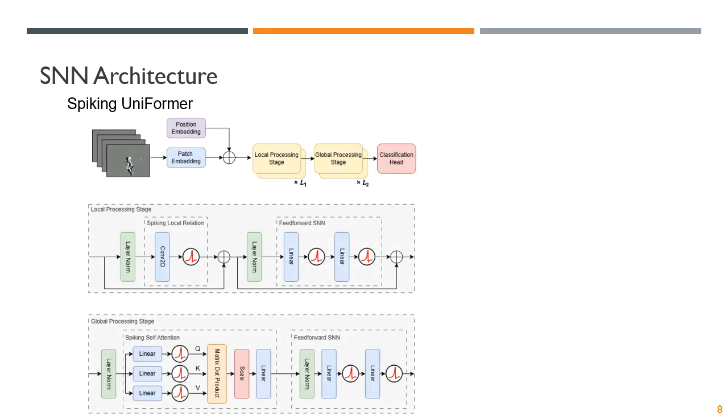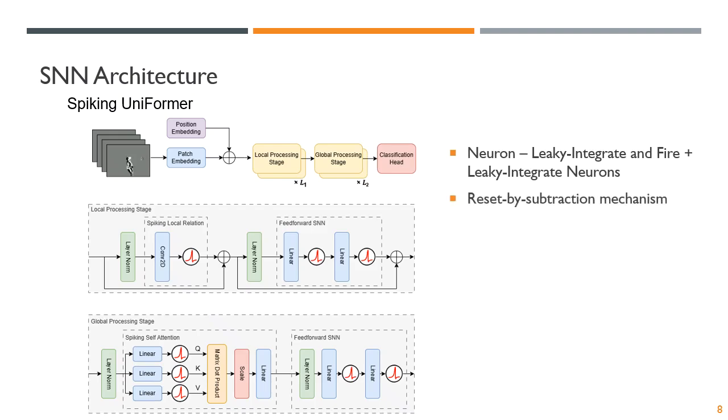This is the novel uniformer architecture that we introduced. While there have been uniformer architectures in the artificial neural network space, this was the first spiking uniformer architecture developed in the spiking neural network domain. It uses leaky integrate and fire neurons in the hidden layers, while the last layer contains leaky integrate neurons.